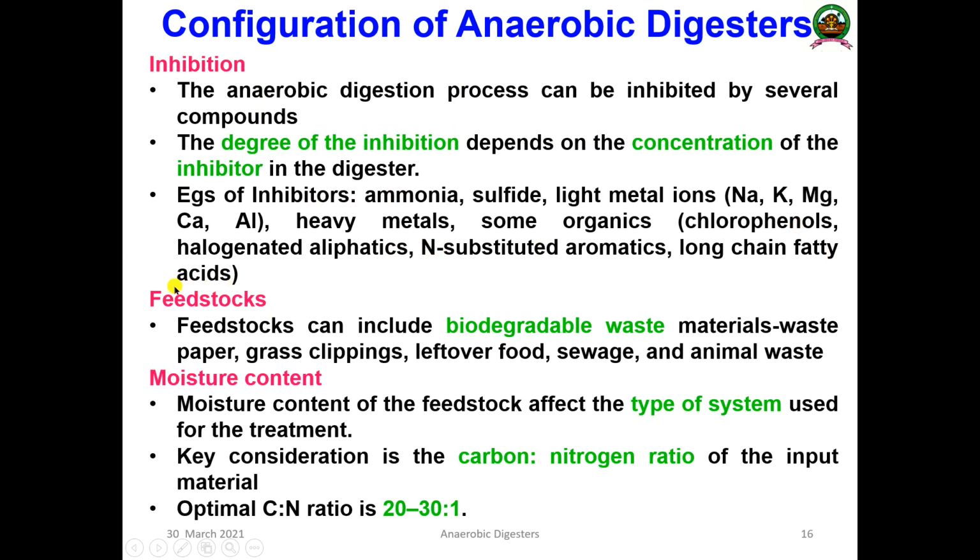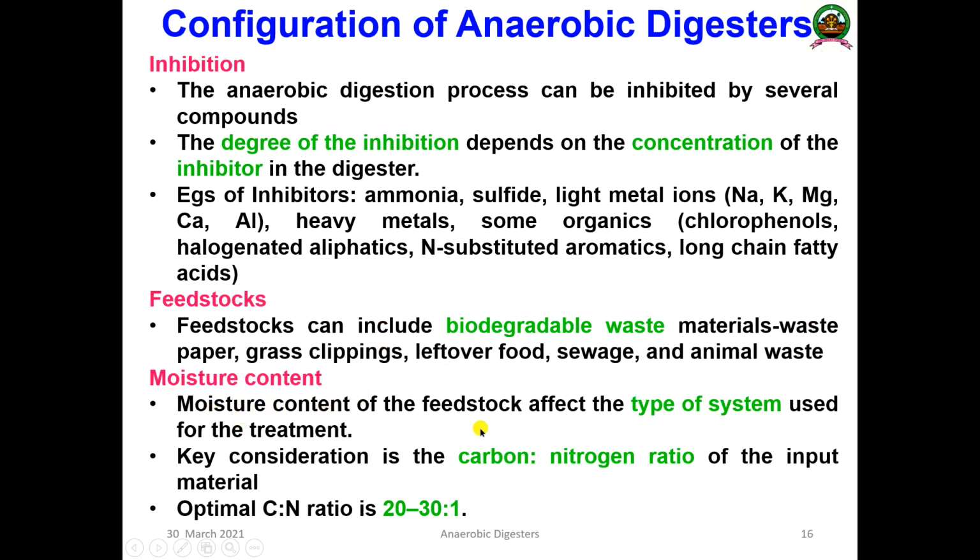Then the next one is the feedstock. The feedstock can include biodegradable waste such as waste paper, grass clippings or leftover food, sewage and animal waste, etc. All those things whatever we have discussed initially. So the feedstock is very, very important. Then the next one is the moisture content, the water content.